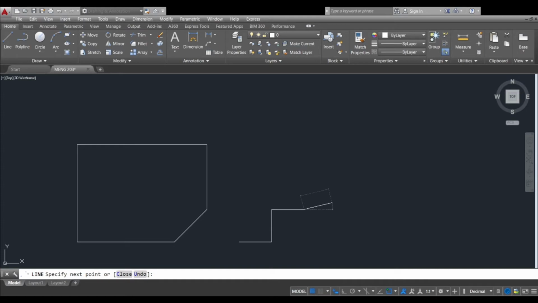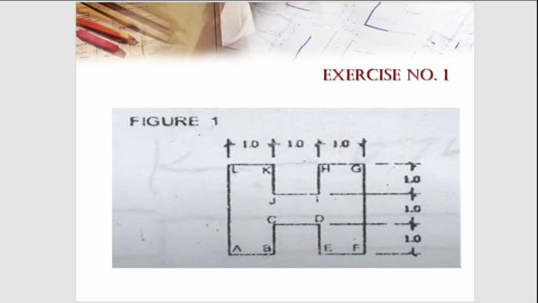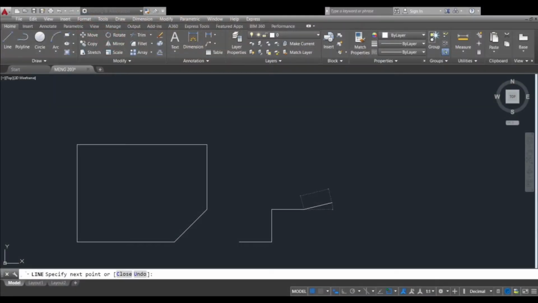Okay, so going to letter E, we're going down. 1 unit downward. And your angle is negative 90, from 0 we're going downward, so we're going clockwise. That is negative 90. So at 1, angle negative 90.